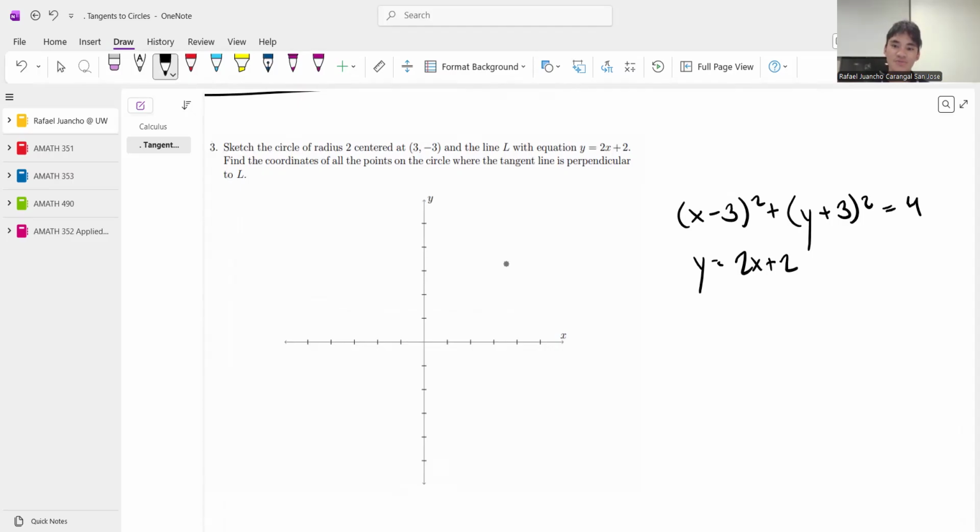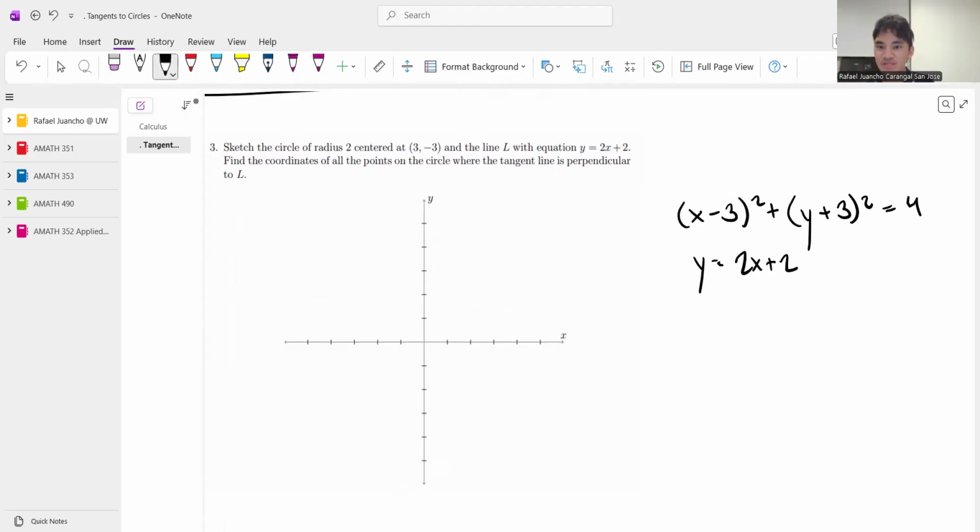Now, what I would do is I would start off with the line, just because I know I'm better at drawing lines than drawing a circle, right? So let's do that. All we need is 2 points to sketch this thing. The way I would do it is I'd probably do an x-intercept and a y-intercept.